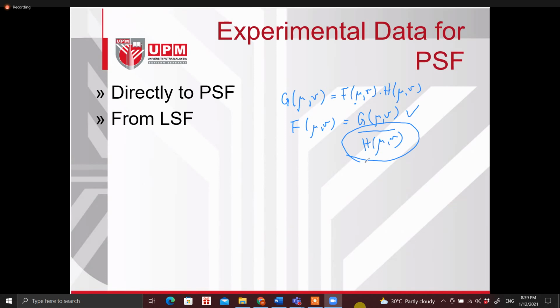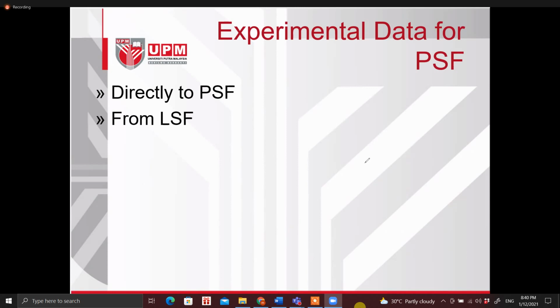In research, we can do that by trying to get it directly from the point spread function. What I mean is, we can simulate a very small point, maybe 1 millimeter in diameter, and then take a picture in your camera.